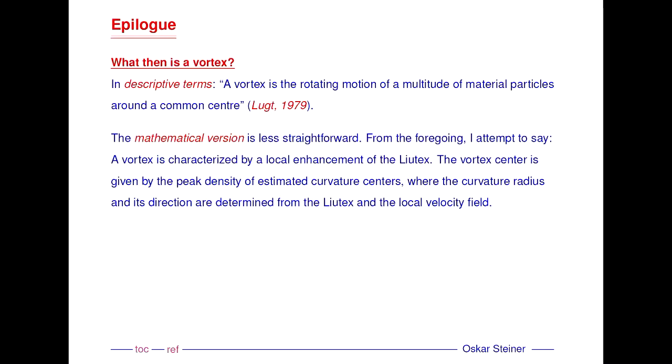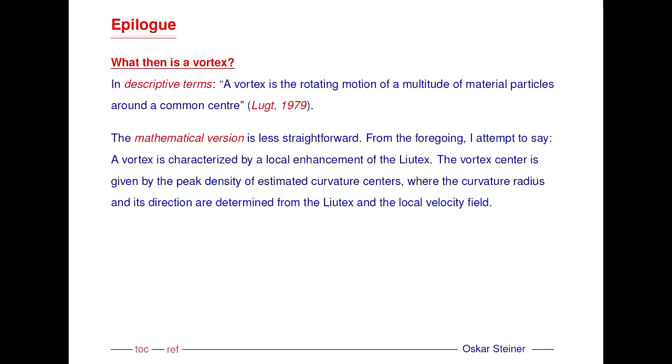A mathematical version is less straightforward, but from what I have said now, one could attempt to say a vortex is characterized by a local enhancement of the Liutex, yes, but this is true also for vorticity and for swirling strength. The vortex center is given by the peak density of estimated curvature centers, where the curvature radius and its direction are determined by the Liutex and the local velocity field.